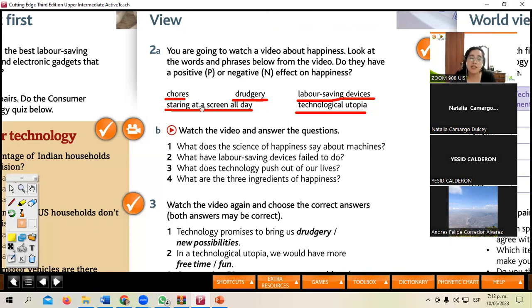Okay, so we are going to listen to all these phrases in the video. So it's important that we recognize what they mean. Now we are going to watch it and then answer these 4 questions, okay? Question number 1. What does the science of happiness say about machines? 2. What have labor-saving devices failed to do? ¿En qué han fallado estos aparatos electrodomésticos? 3.